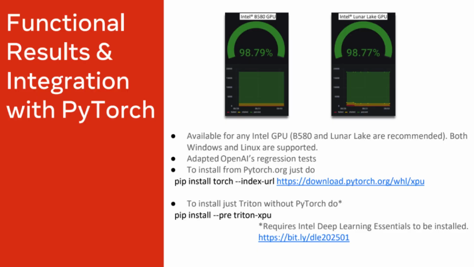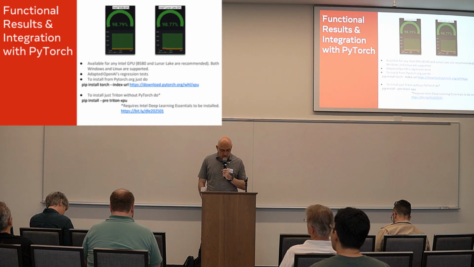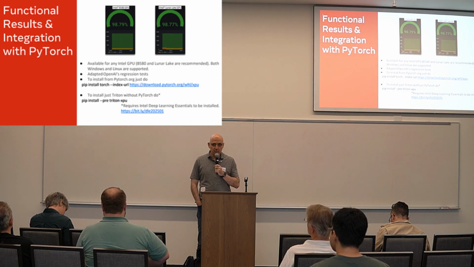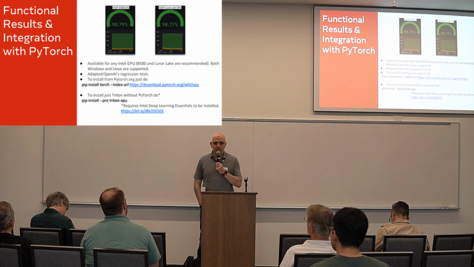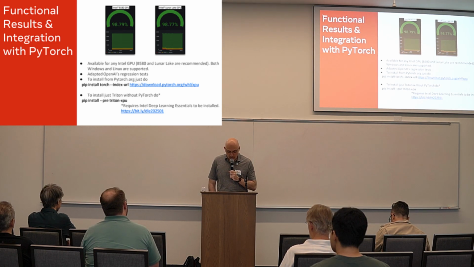It's completely up to date and has a very nice pass rate for all the unit tests for existing backends, and it includes Battlemage, and here we see Lunar Lake, the latest laptop. You can just install it through PyTorch. You just pip install torch, and you will get it up and running, and you don't need any additional dependencies. Everything pip install will get for you, and this is very good for experimentation.